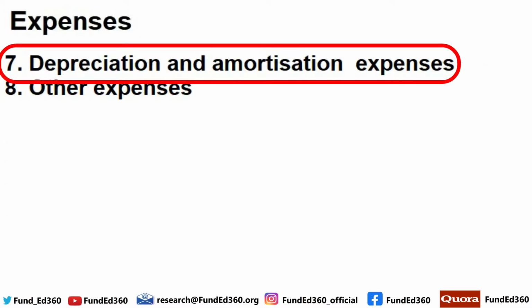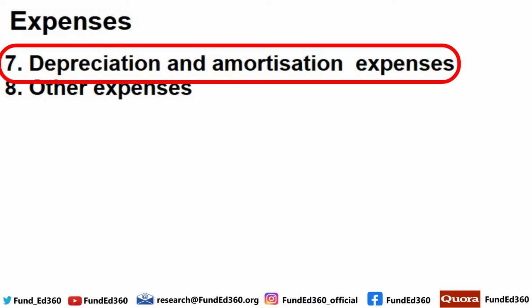One other type of expenditure is the depreciation and amortization expenses. We know that any asset, whether tangible or intangible, loses its value over a period due to wear and tear. When it gets old, it depreciates. That's a simple term. This loss in the value of a tangible asset is generally called depreciation.